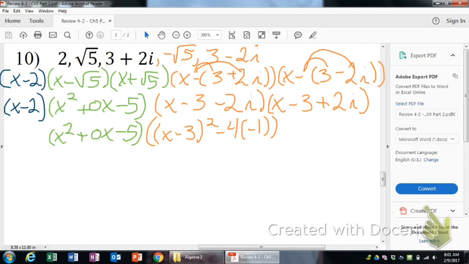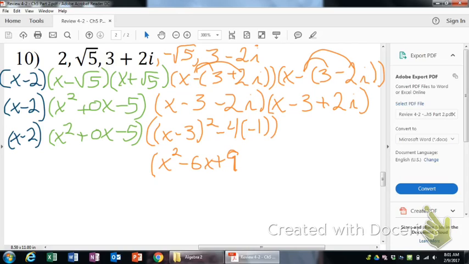And then this blue, x minus 2. So x minus 3 squared, we did that in a previous problem. So x minus 3 squared is actually x squared minus 6x plus 9. That says plus, I apologize. Sorry, that's supposed to be a 9.